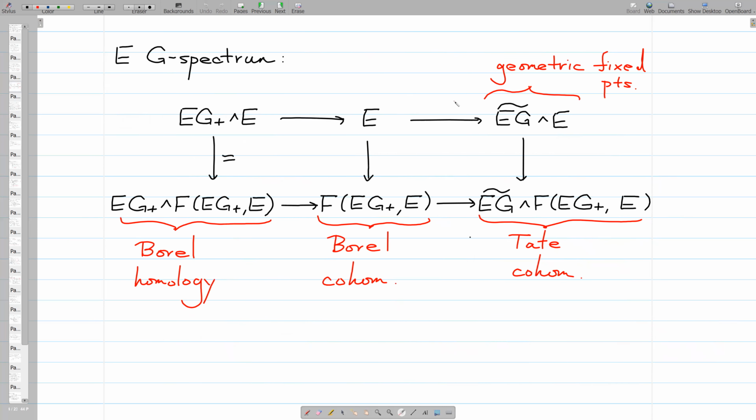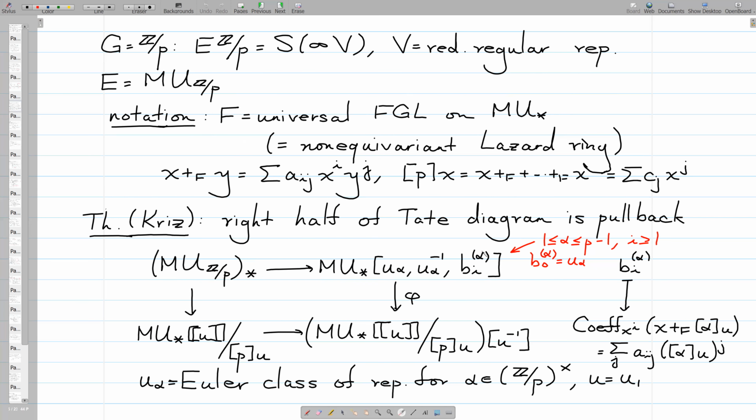What it is basically is the right half of the Tate diagram, and it turns out to be a pullback algebraically on coefficients, and he calculated the three other corners. The geometric fixed points, which is this upper right corner, has been calculated by Tom Dieck. You can basically do it directly by looking at the fixed points on the level of the Thom spaces on the pre-spectrum level.